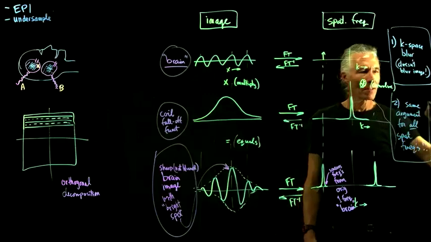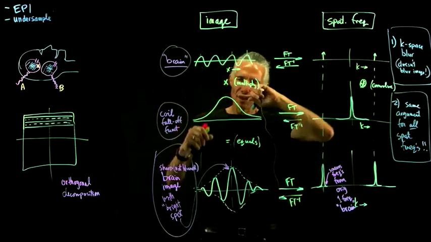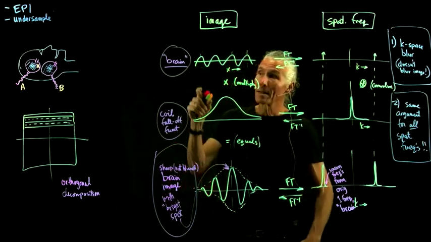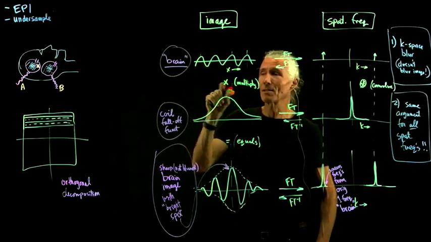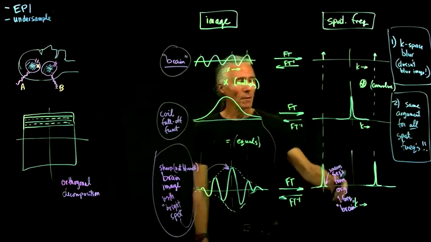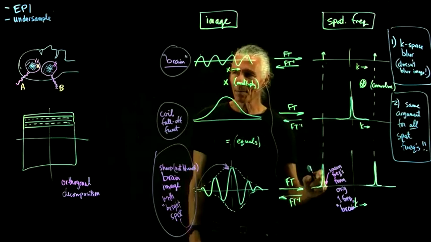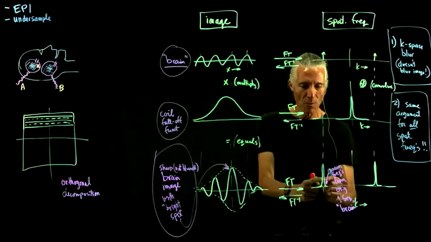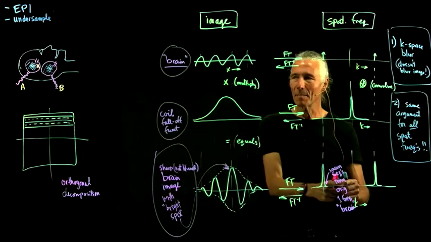I just did one cosine brain, but the brain consists of all different spatial frequencies. It consists of spatial frequency 4, 5, 6. There's a lot of 1, and so we can apply the exact same argument, and the same amount of blurring will occur. That's the important point. So the width of this blur at all these different frequencies is exactly the same.